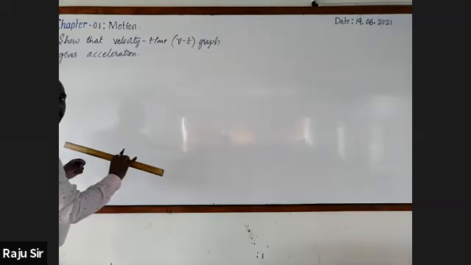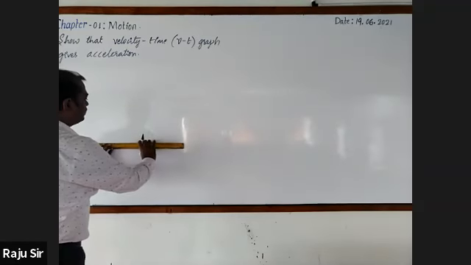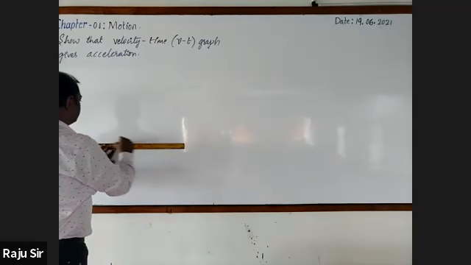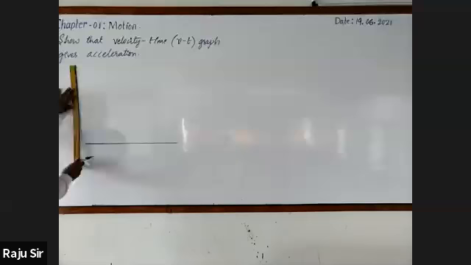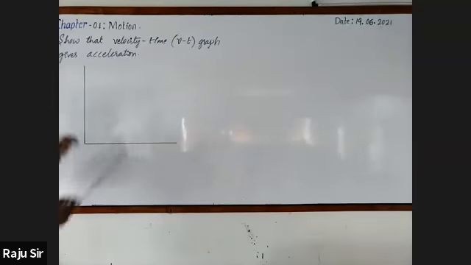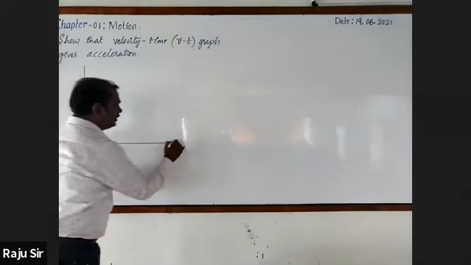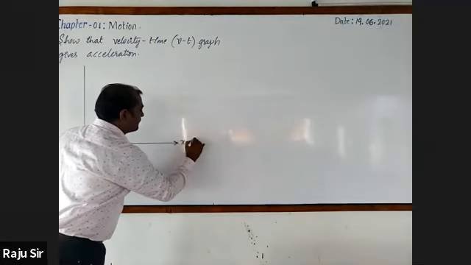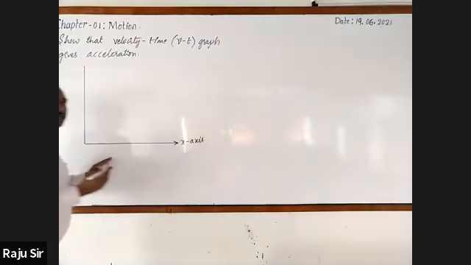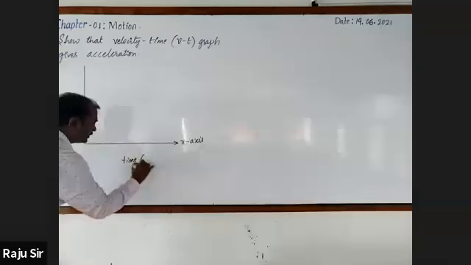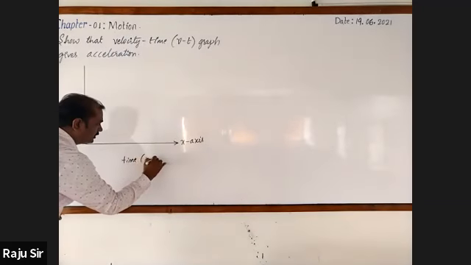Now, take scale and pencil. Draw X and Y axis. Here I am drawing the X axis and Y axis. You all know that the X axis is called the time axis, because time is independent and time is measured in the SI unit called second.